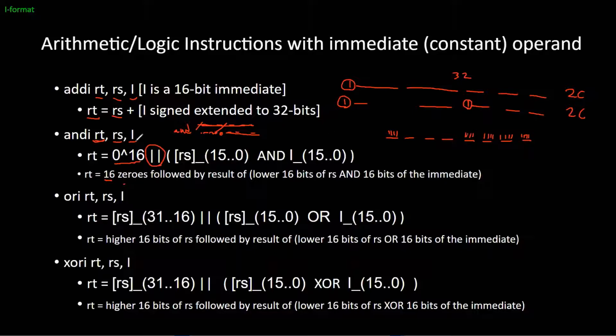If that is your RS, and you're doing an AND with all ones, this is going to be ones also. Basically the higher 16 bits are completely ignored, and your answer is going to be zeros all the way for 16 bits. And then the lower 16 bits are going to be the result of this AND.